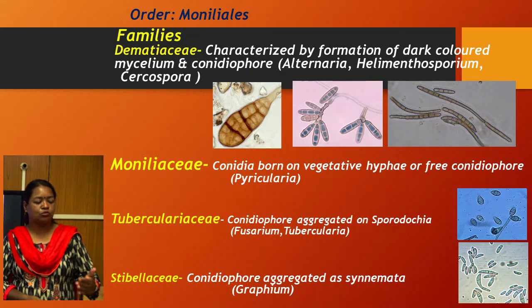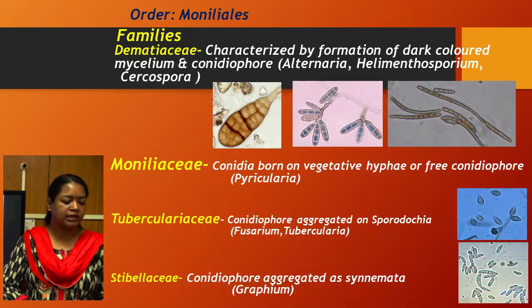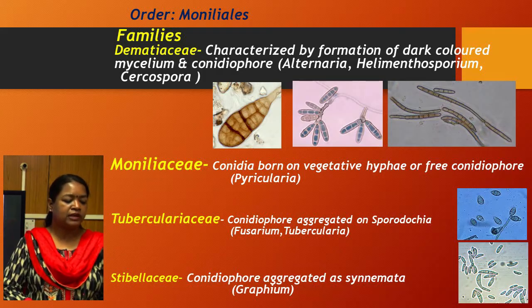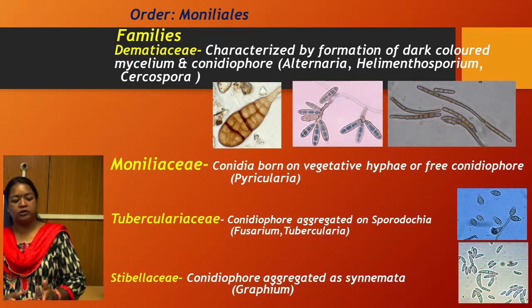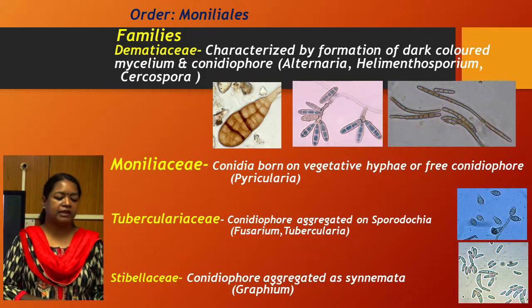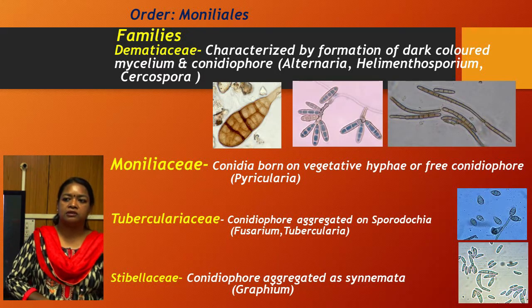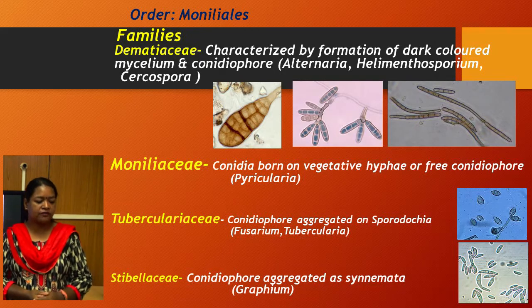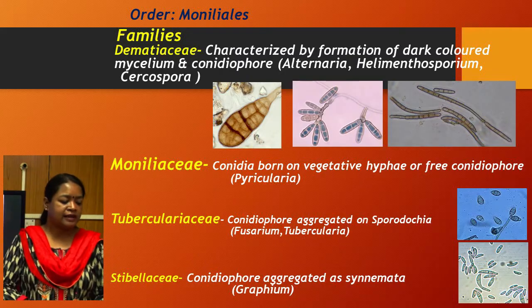Next family is Moniliaceae, having conidia borne on vegetative hyphae or free conidiophore, and one important genus of this family is Pyricularia oryzae. This is the causal organism of blast of rice. Next family is Tuberculariaceae.